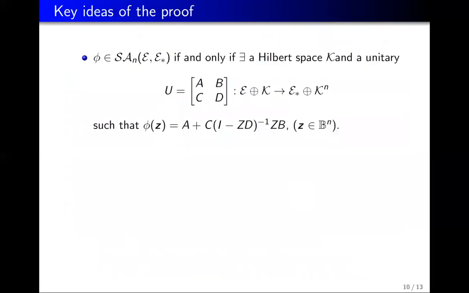For that, one needs to know a non-trivial theorem which tells you that after all we are looking for a phi in the Schur-Agler class, and there is a result which tells you that any Schur-Agler class function is actually the transfer function of a unitary. So phi has to be given by a certain formula which is written here. You don't really need to look at this formula.